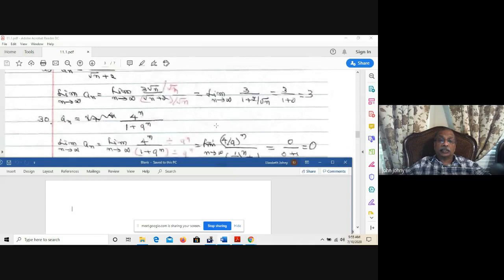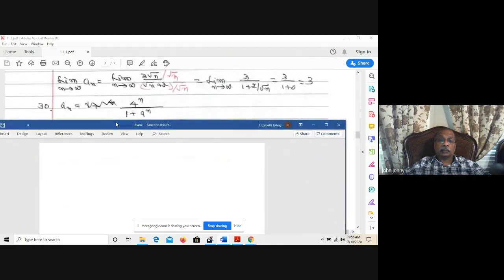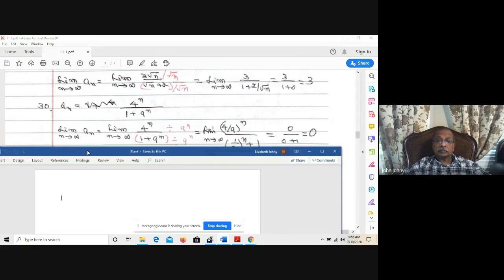Next, an is equal to 4 to the power of n divided by 1 plus 9 to the power of n. Okay, so the same technique we are applying. There are several ways to work out this problem. So I applied the same technique here. The limit as n approaches infinity of an is the limit of 4 to the power of n divided by 1 plus 9 to the power of n. Divide numerator and denominator by 9 to the power of n, the bigger number.